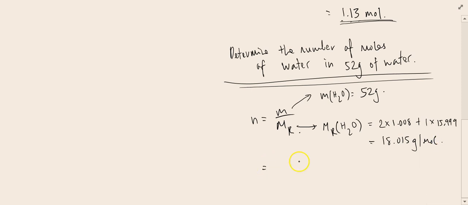So if we're going to plug in these values, it's going to be 52 grams divided by 18.015 grams per mole, which, when you plug that into the calculator, gives you 2.89 moles. And that there is the answer to this question here.